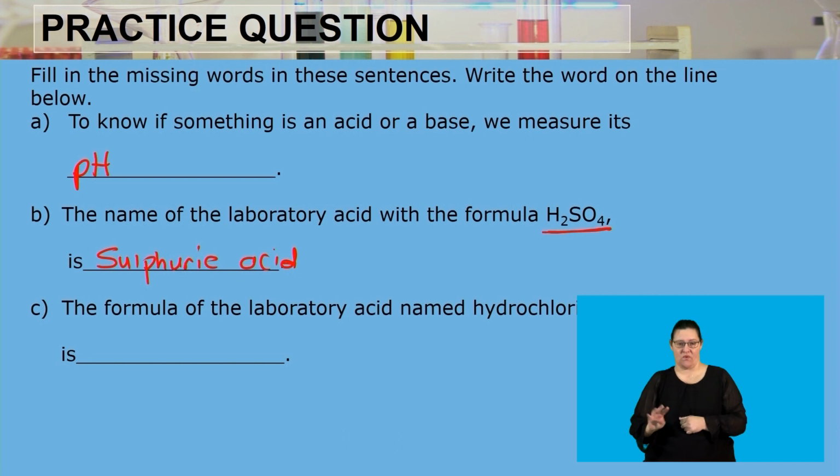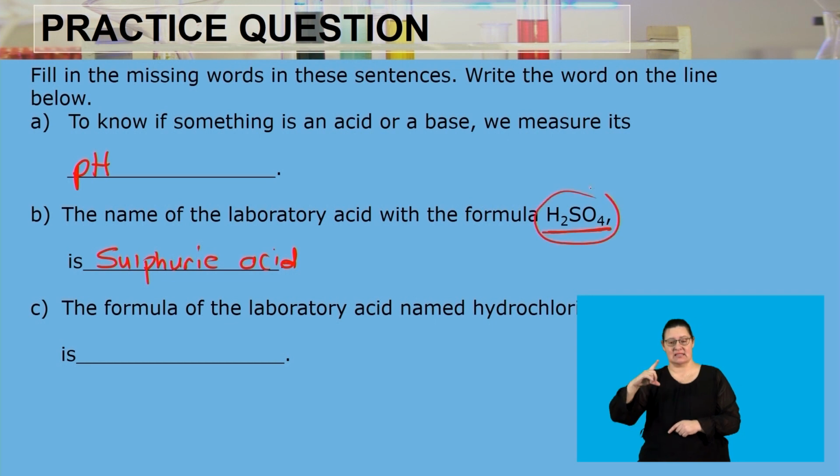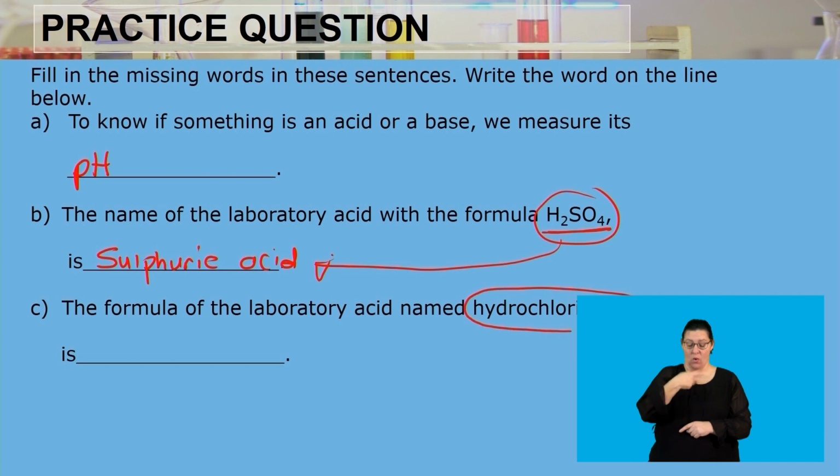Now question C is asking that the formula of the laboratory acid named hydrochloric acid is. So initially we were given the formula and they wanted us to write the name. And now we are given the name and they want us to write the formula of this particular substance. So hydrochloric acid, that's now a combination or a reaction between hydrogen and chlorine.